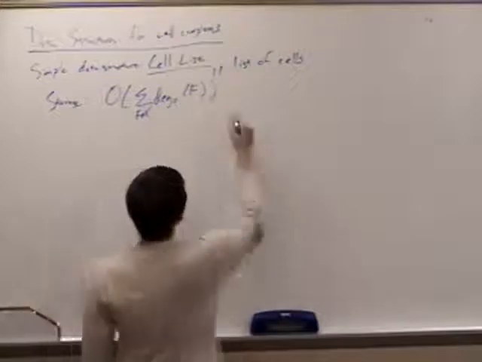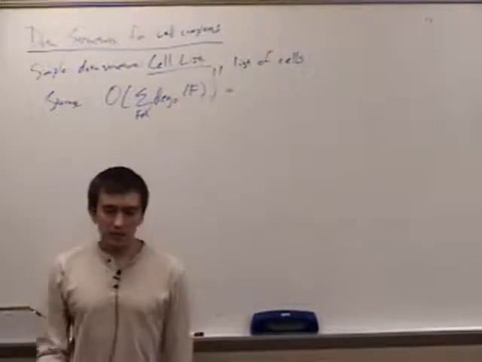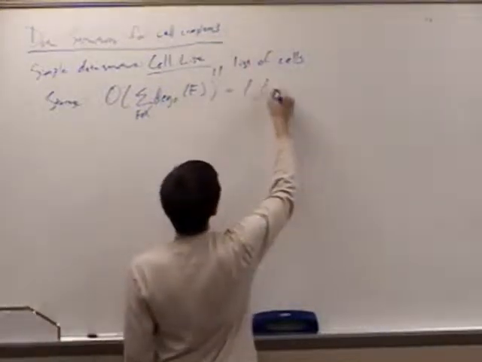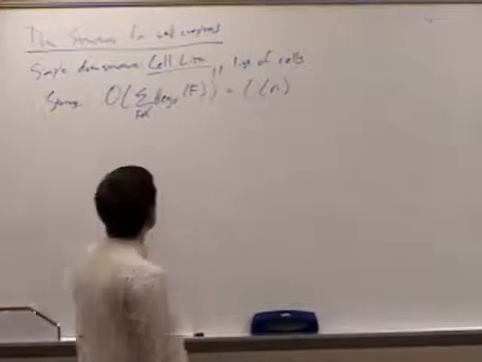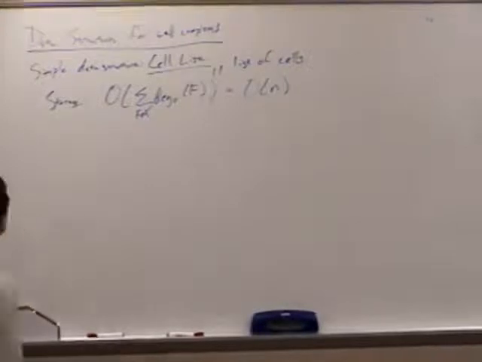If we assume that this is relatively bounded, or constant, in other words, no cell ever gets too large, this is basically order n, which we're going to take to be the number of cells. So that's pretty much as small as it gets. You can't really store one of these things any tinier than this.